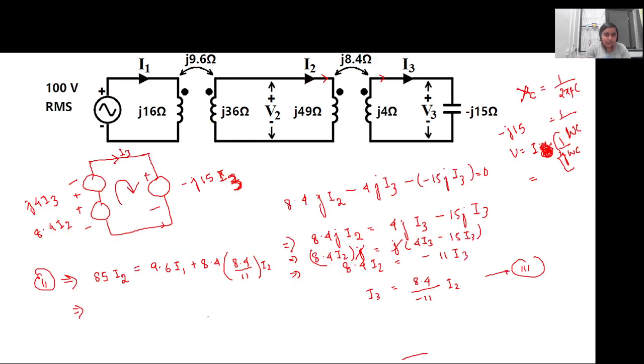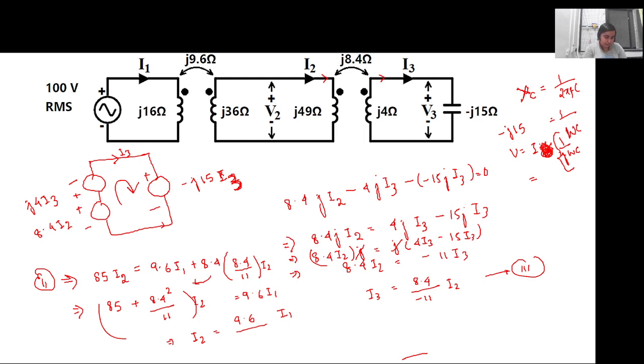So now what we will do is we will substitute I2. So we will write I2 in terms of I1. So it is 85. If we bring this term to the left hand side, it will be plus 8.4 square by 11 I2 is equal to 9.6 I1. So I2 can be written as 9.6 by, let's calculate this.